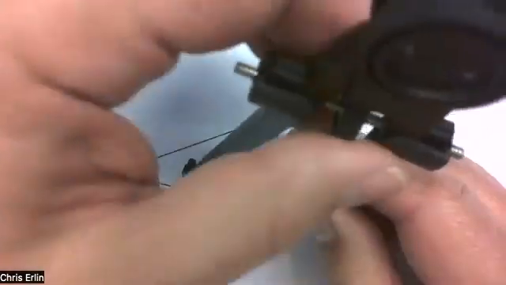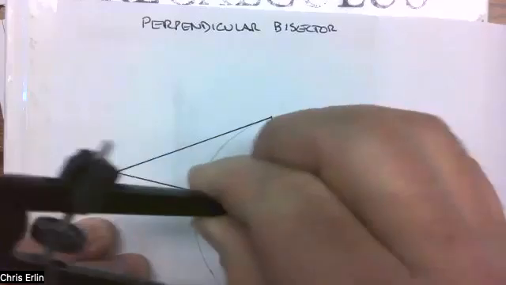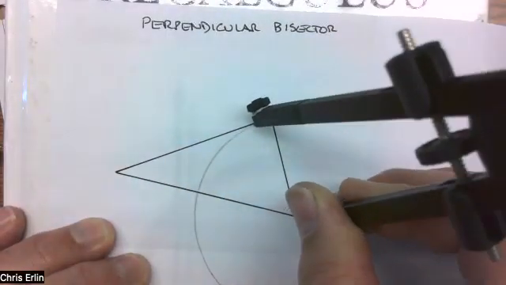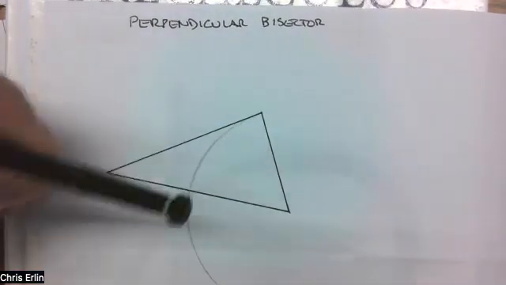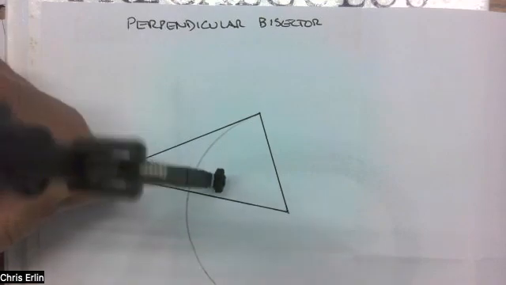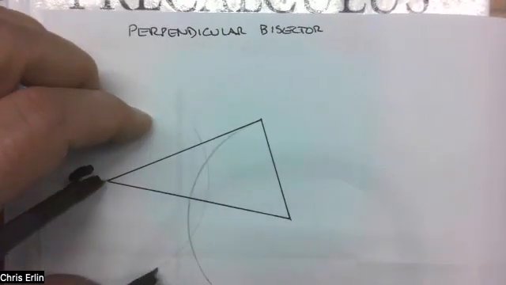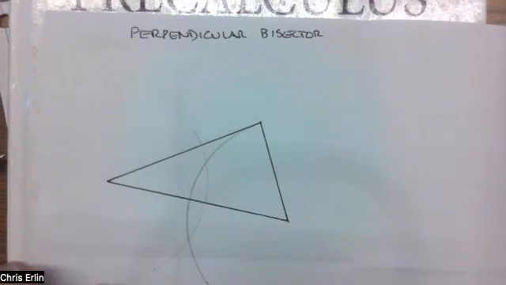As long as it goes more than halfway, I'm good. And I'm going to make myself an arc. And then I'll pick up the compass and move it to the other side, this other angle. Anchor it carefully and use the same length to make another corresponding arc.